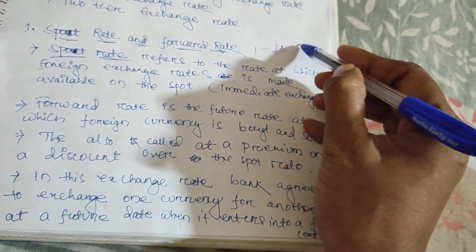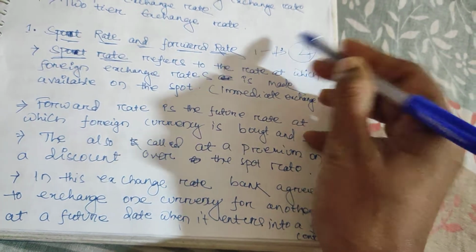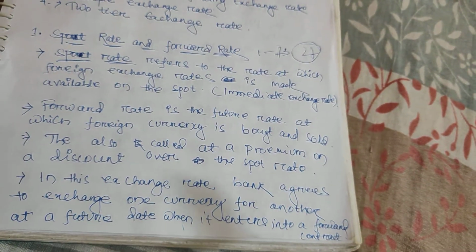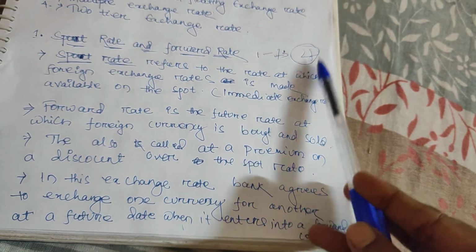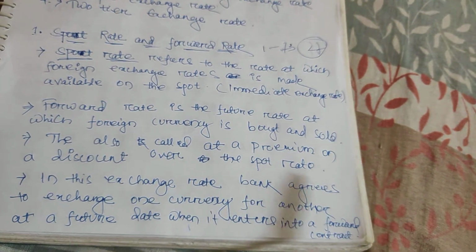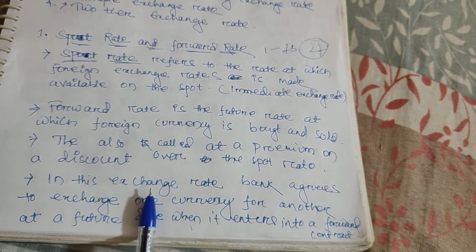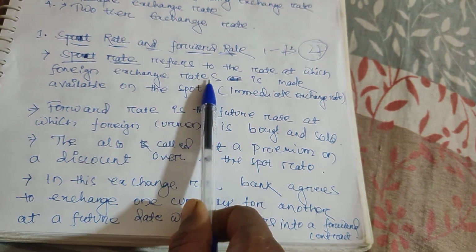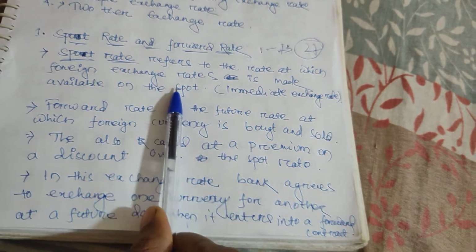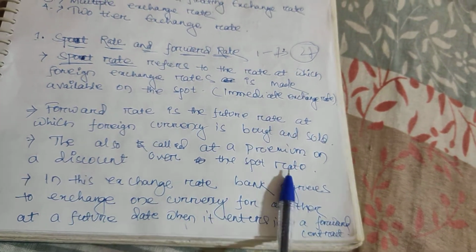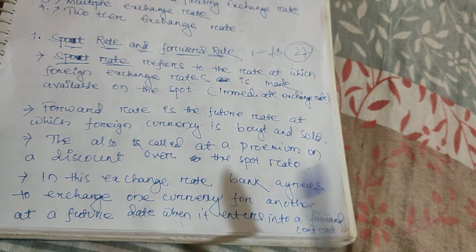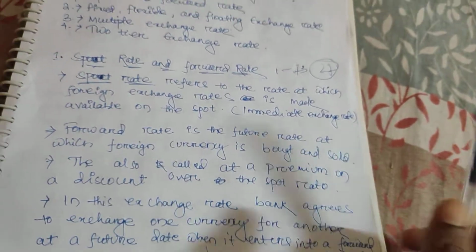I give a fixed date, suppose you can take 27 January: what will the cost of $1 be in rupees? When we make the transaction over that, it is known as a forward transaction. Get it? This is all about the spot rate, which is the immediate exchange rate, and the forward rate is a future rate. On a particular date, what is the value of a different currency over which the exchange is going on.